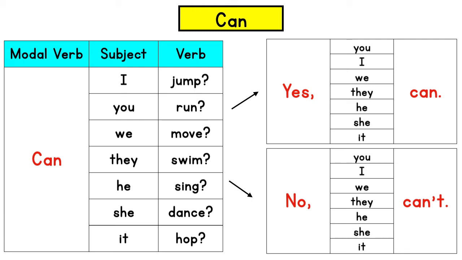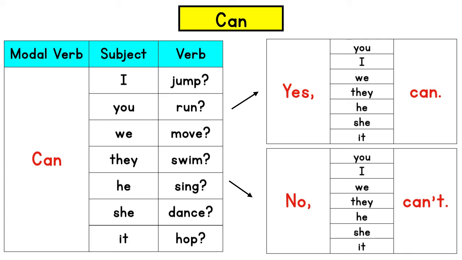So when you ask question using can I jump, the answer will be yes, you can. And if that person thinks that you can't do it, he or she would say, no, you can't. Alright? Can with yes, yes, subject, can. No with subject and can't. Right?